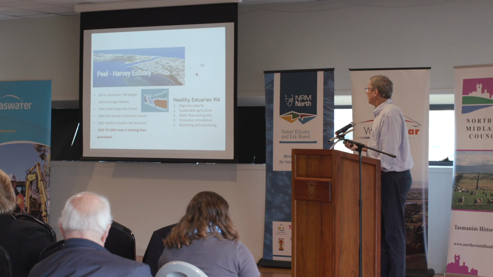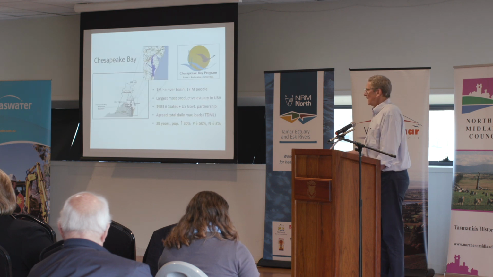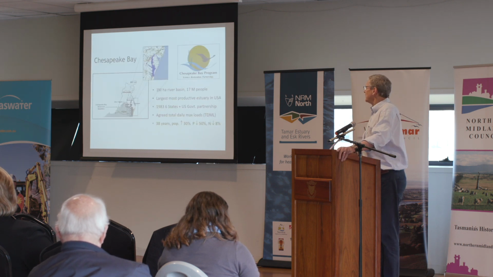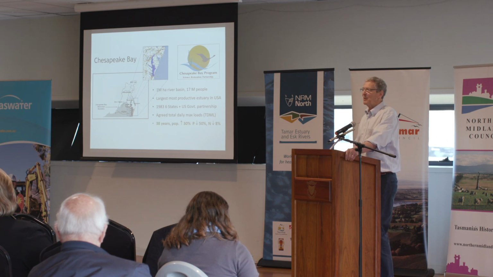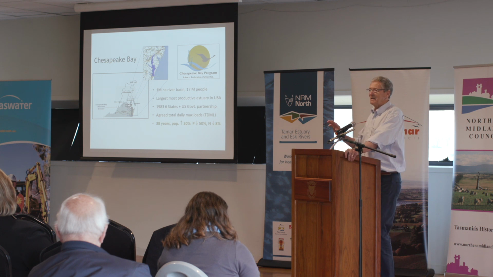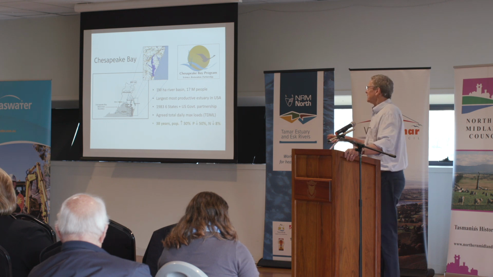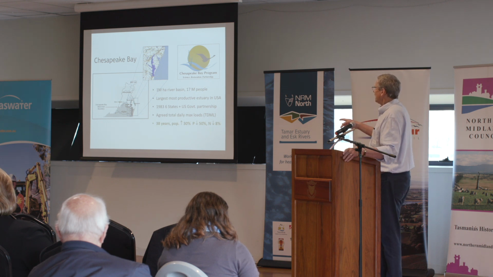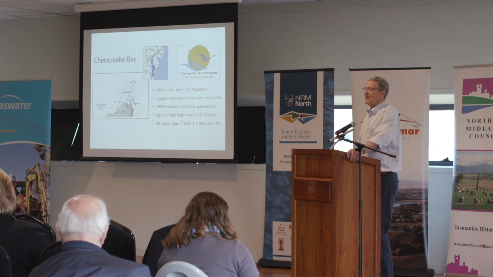Now, I don't know how well they work together, but what's interesting is that we've got this double-headed approach. If we look at this example, which is one of the poster children of estuaries and environmental management, Chesapeake, the catchment of Chesapeake Bay is the same size as Peel-Harvey, 1 million hectares, but it has 17 million people living around it. And if we just go to the bottom line, over those 38 years, the population has gone up 30%.